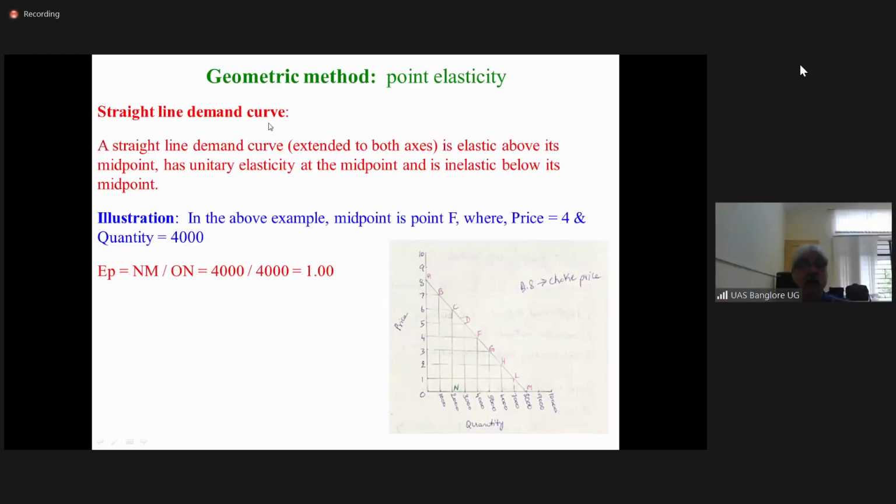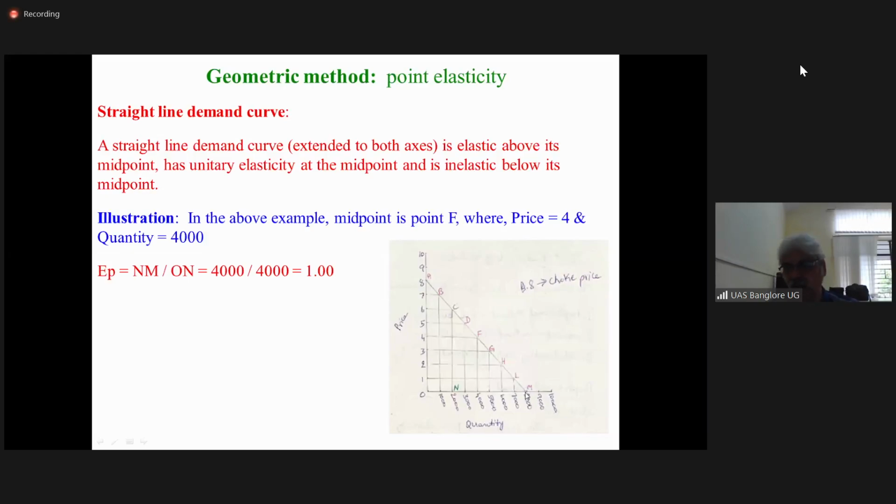Now, in a straight line demand curve, this is the general rule. If the demand curve is a straight line extended to both axes, it touches the y-axis and the x-axis. If it doesn't touch, suppose it is only from B to L, you can join it with dotted lines from B to A, and from L to M on the x-axis.